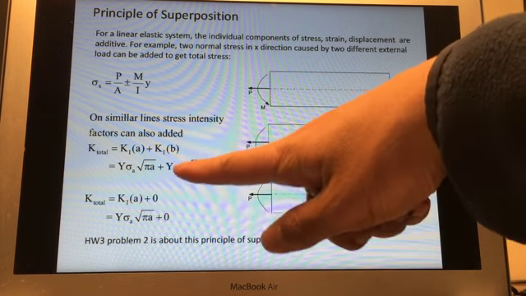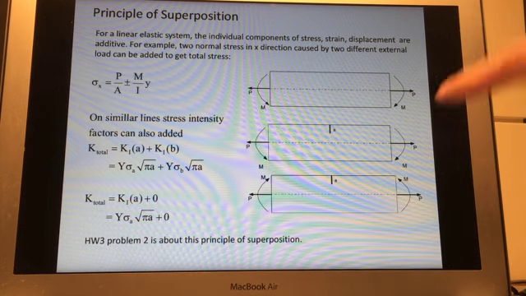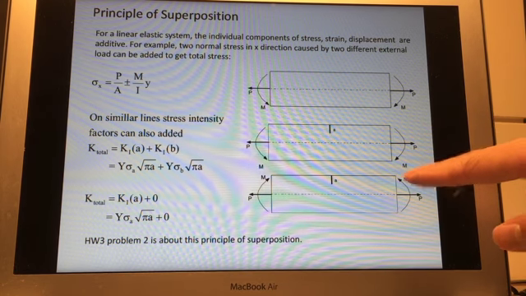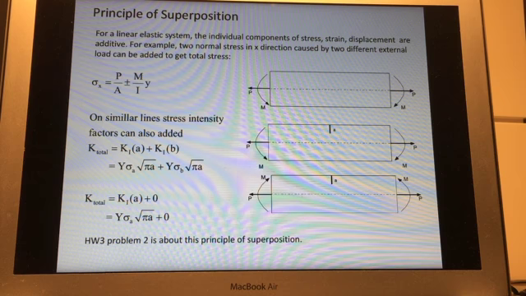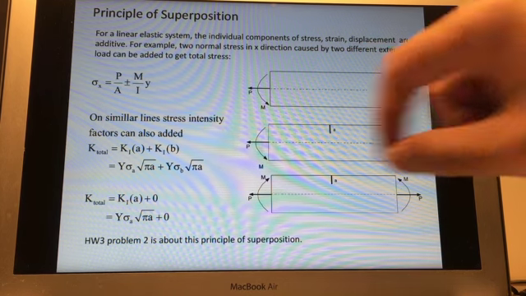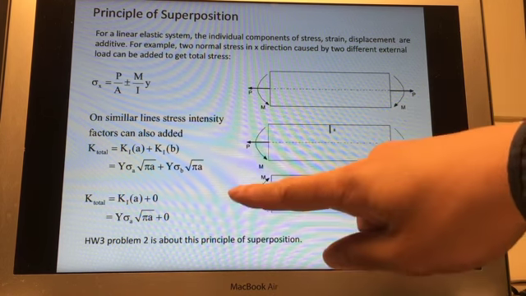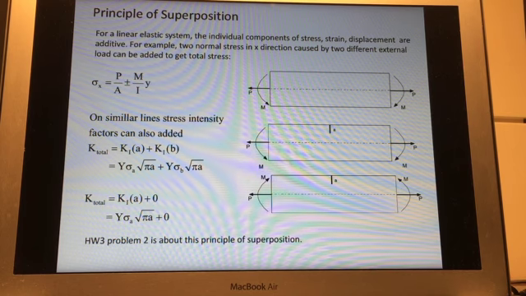So this means that the K total you can write in a separate manner, which is K1A in case A and K1B in case B. I should put A and B here. Actually, I'll update the lecture.